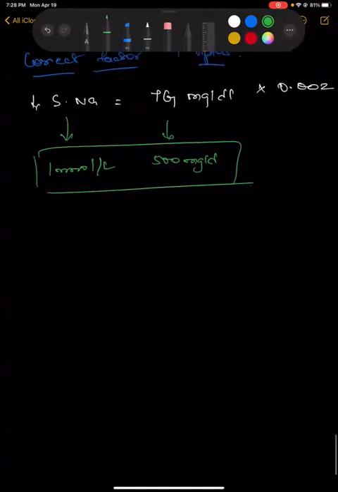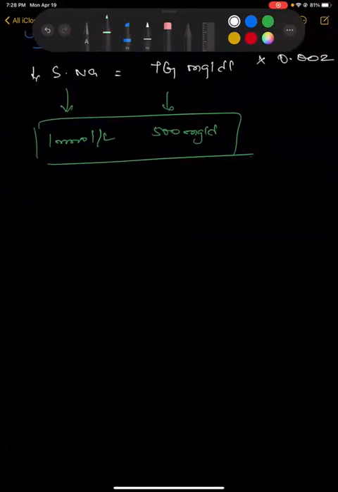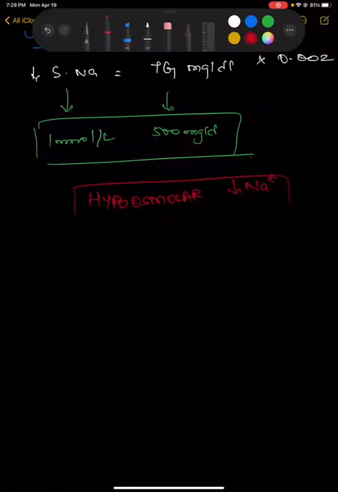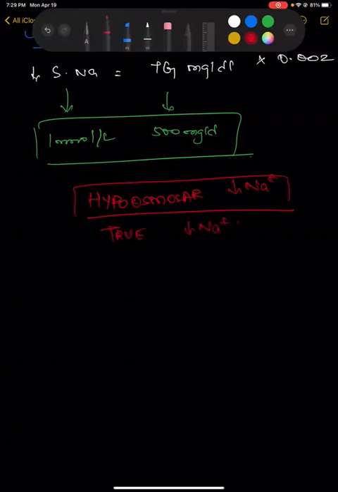But the most important thing that we encounter, and the most common, is hypoosmolar hyponatremia. And this is called true hyponatremia. Whenever there is a sodium deficit in our body, sodium deficit is nothing but the normal sodium level minus the sodium level that we have measured.